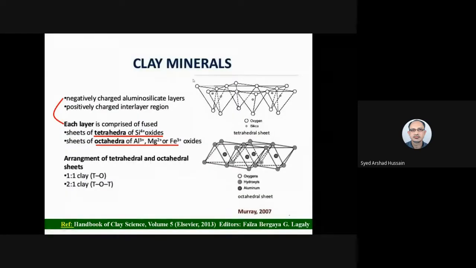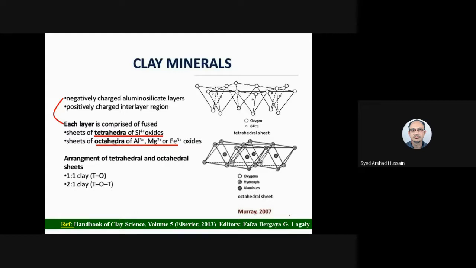Now, basically, clay minerals are layered systems, and each layer of clay is composed of a combination of two different sheets. One is a repeat unit of tetrahedra of Si4+, silica tetrahedra. Repeat units, it's a sheet kind of thing. I will show later.